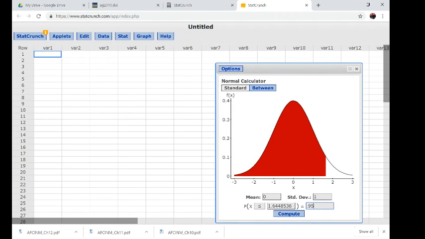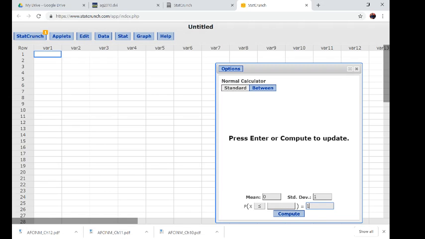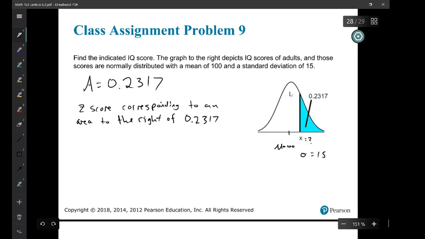Alright, so for z-score, use standard mean of 0 and standard deviation of 1. And then do 1 minus. If we want this area to the right and we know it's 0.2317, then we need this area to the left to get the z-score.